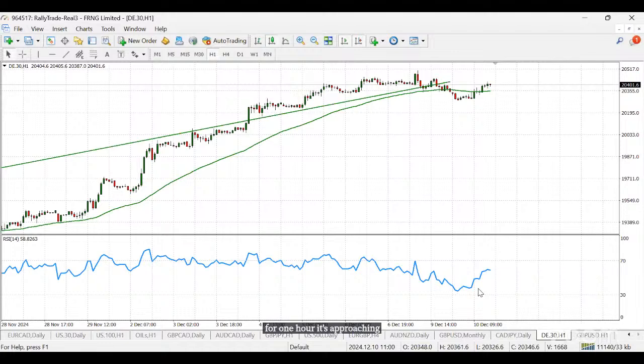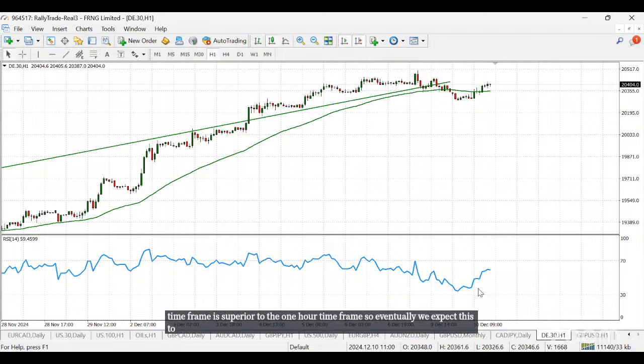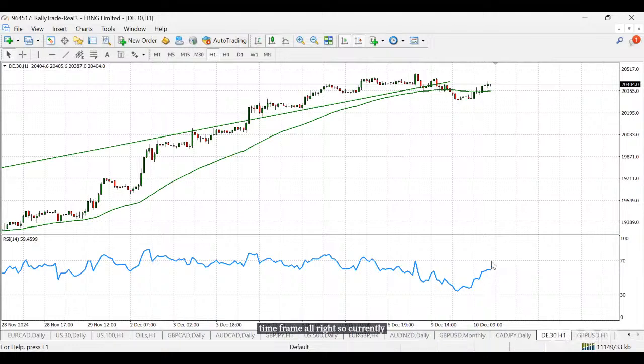But on the daily time frame, it's already above 70. Of course, the daily time frame is superior to the 1 hour time frame. So eventually, we expect this to go in line with the daily time frame. All right. So currently, this is approaching the 70 level.